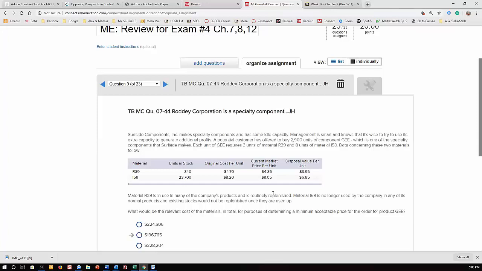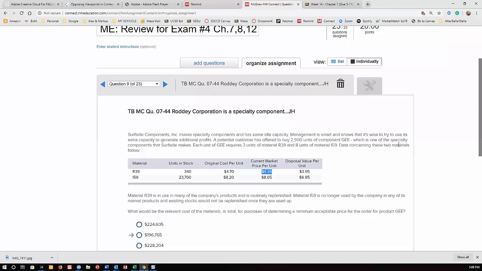Wait, I have a question about that one. How do you know that the material for R39 is a sunk cost? It's not a sunk cost. The $4.70 price is a sunk cost. The $4.35 is the cost that I'm going to use when I'm pricing it out.